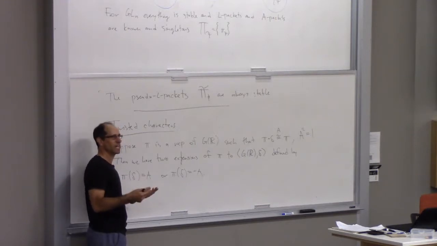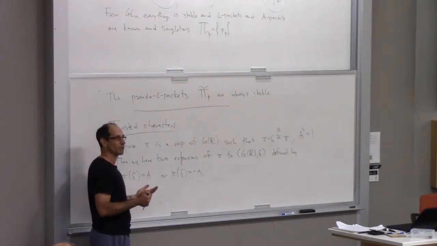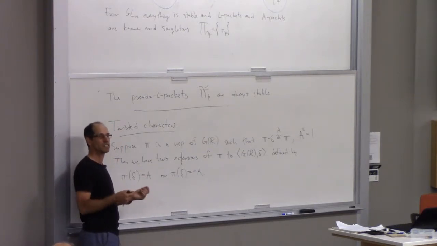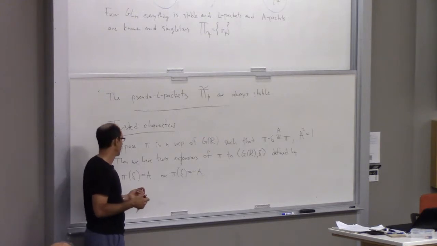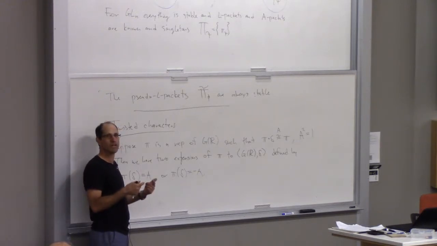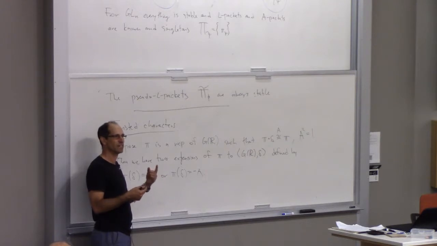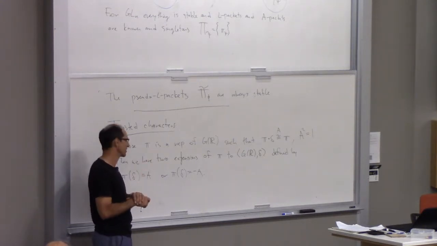That gives you some sort of preferred information, and that gives you a Whittaker model, and Whittaker functionals are one-dimensional. Once you have a one-dimensional object on which A acts, it's great because you can normalize things so that a norm one vector gets sent to itself by A. So there's something canonical.